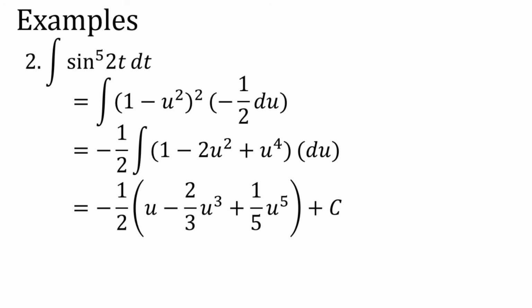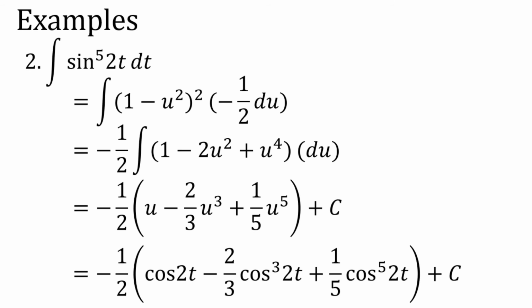So as you can see, 1 minus 2u square plus u to the 4 du is integrable. So let us integrate it. We're going to have negative 1/2 times u minus 2/3 u cubed plus 1 over 5 u to the 5th plus c. The basic principle of integration was applied. And then substitute the value of u, which is cosine 2t.